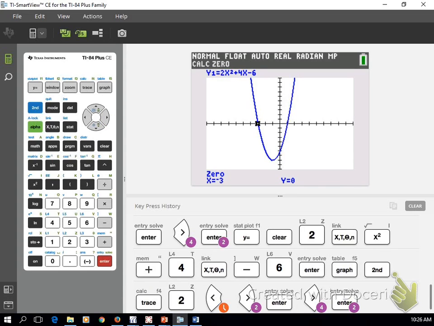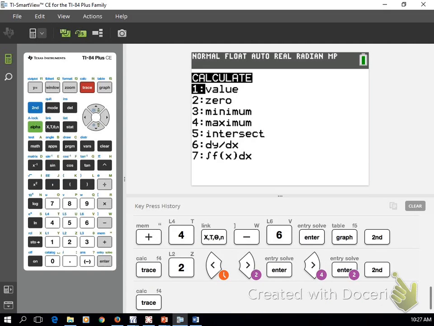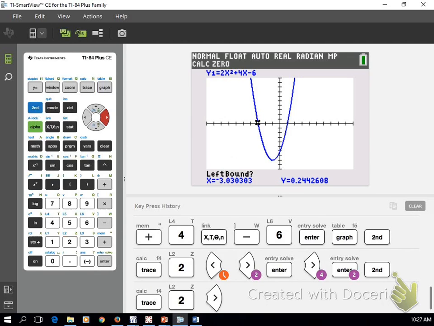Negative 3 would have been the first solution on this first problem. And then we do it again. So I'm going to set the left wall right there, the right wall right there, hit enter, and the solution is at 1. So negative 3 and 1 were solutions for that first one.